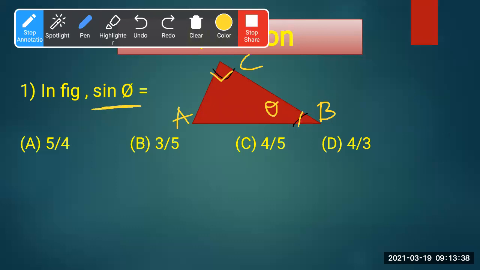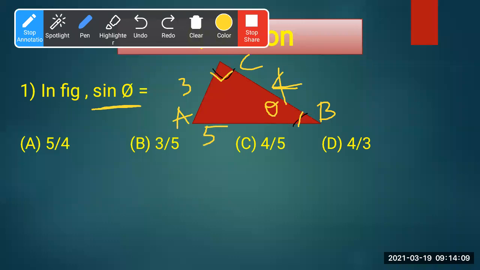Now the values are, for example, AC is given as 3, BC is given as 4, and AB as 5.